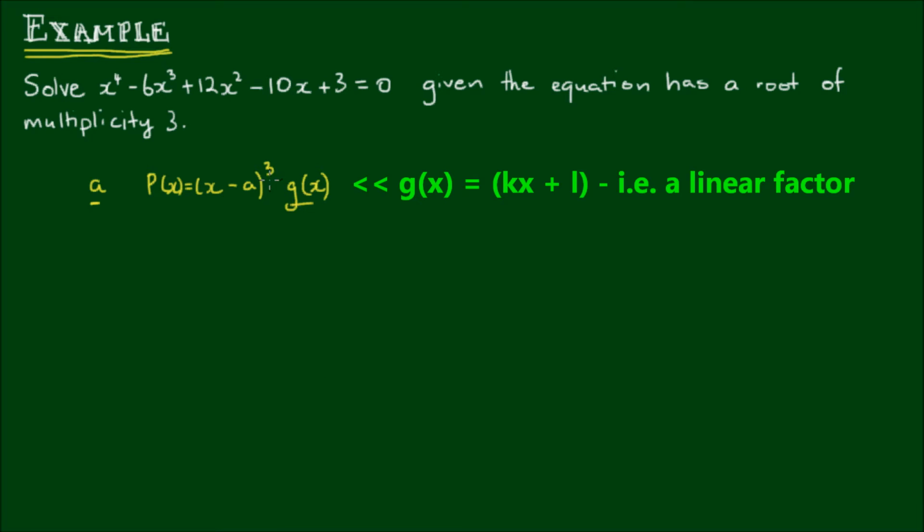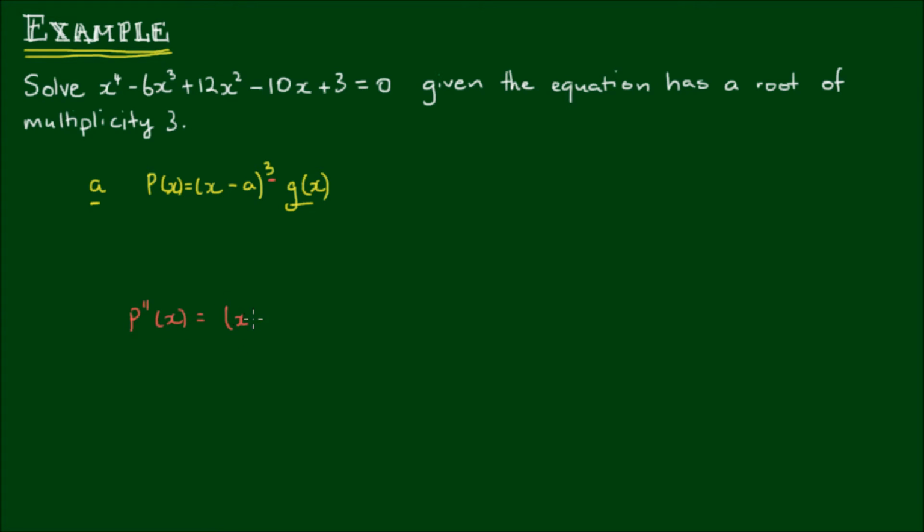And since x minus a is repeated 3 times in the polynomial, it's when we get to the second derivative where we have x minus a only once as a factor of the second derivative polynomial. So it's x minus a times another polynomial f of x, let's say.